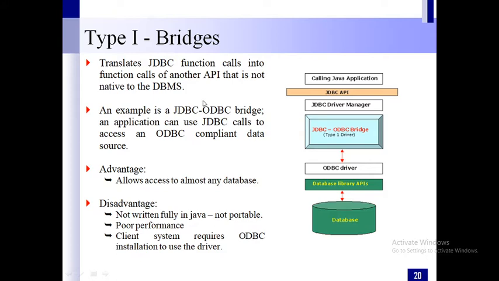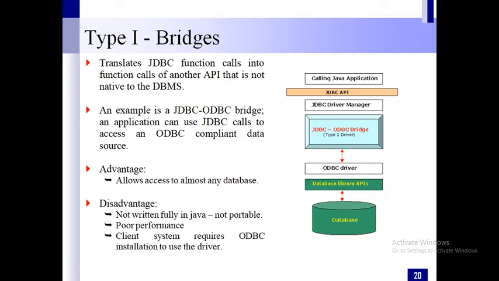Type 1. If you see the type 1 driver, what actually it will do? Here, for example, you have MS Access, you're using MS Access for data storage. Now it is not compatible with your JDBC. Okay, it is not compatible. Now what we have to do, we have to bridge that gap, right?